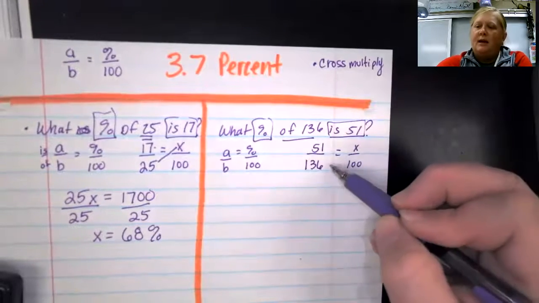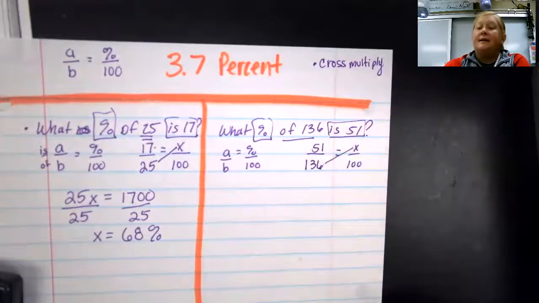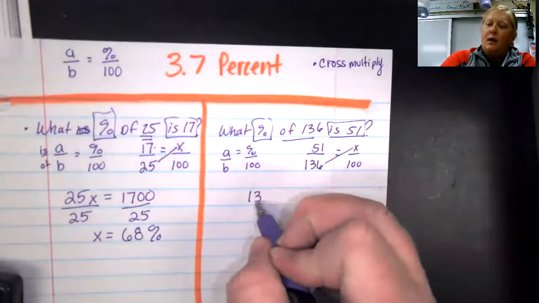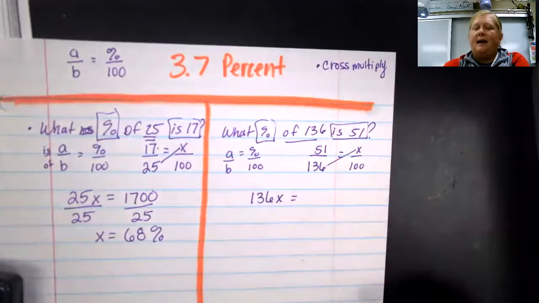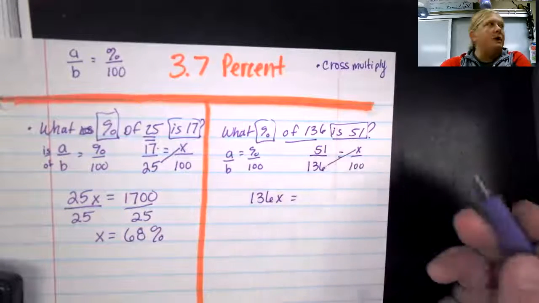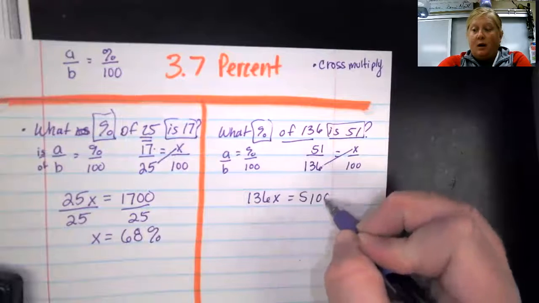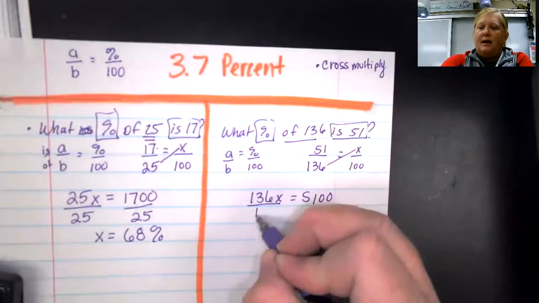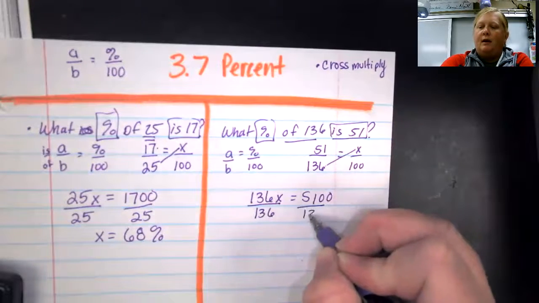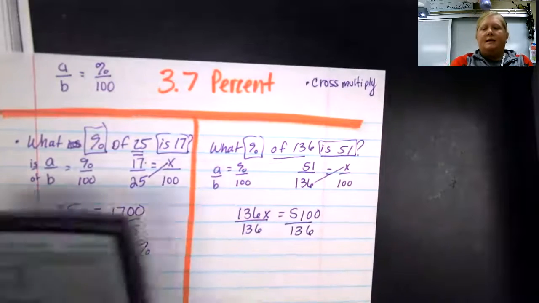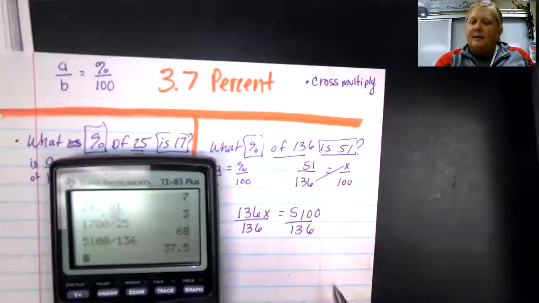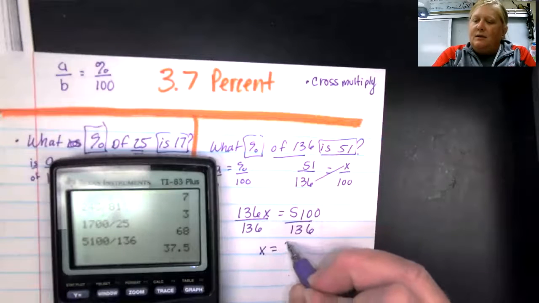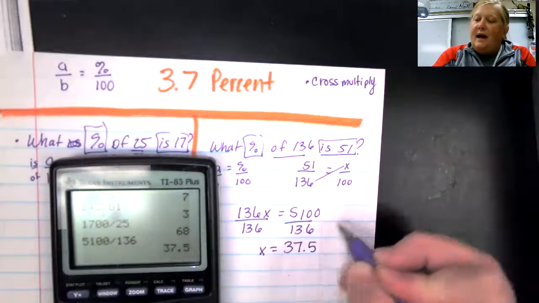Super easy. What's 136 times x? 136x. I always put it on this side, force of habit. And what's 51 times 100? 5100. Use your regular calculator to divide 5100 by 136. And I get x is equal to 37.5%.